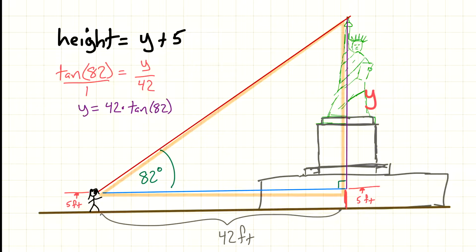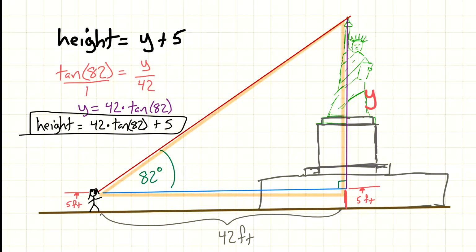All right, so now technically we know our y value. All we need to know is our height. So let me rewrite this as the height equals 42 times tangent of 82 plus 5. All right, so technically this would be our answer. Now it doesn't really mean much to us unless we put it into a calculator. So at that point, you would just type that in.